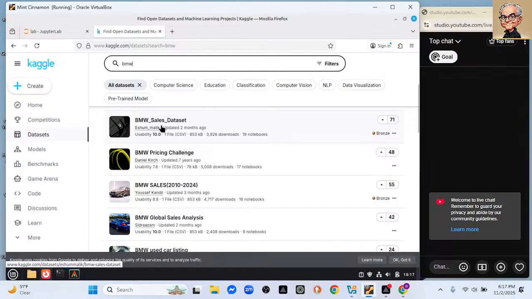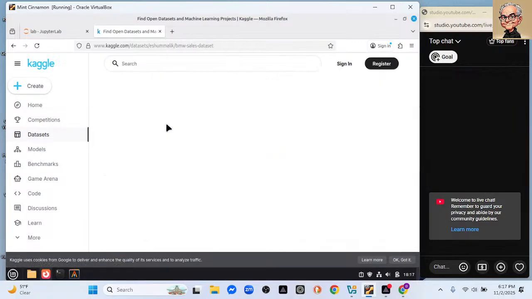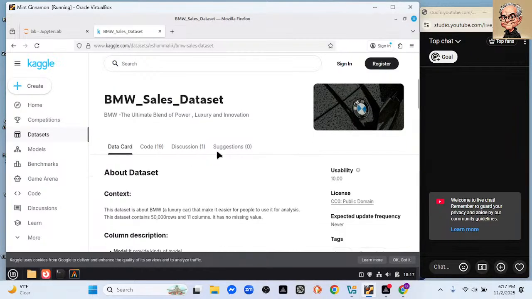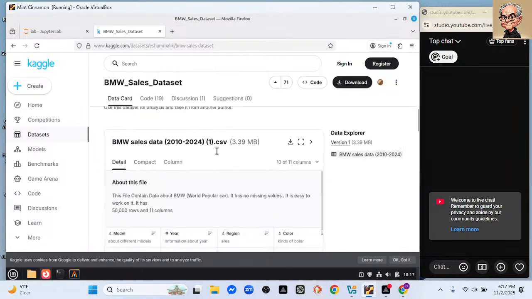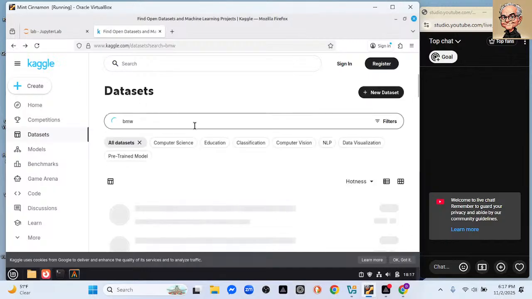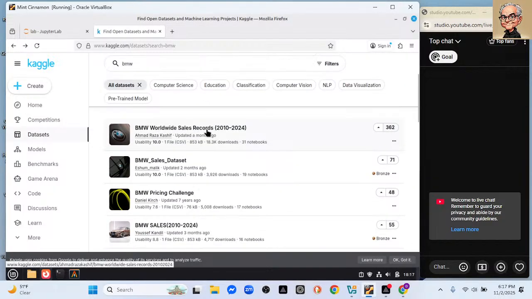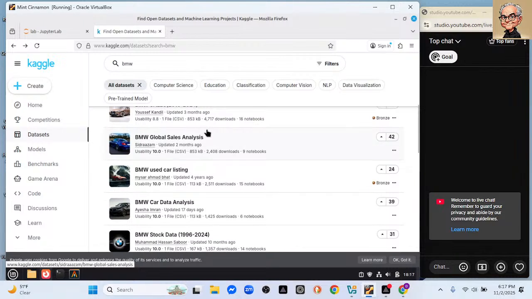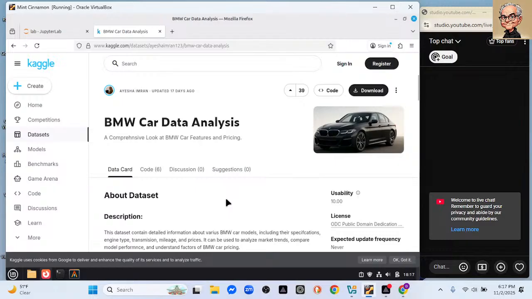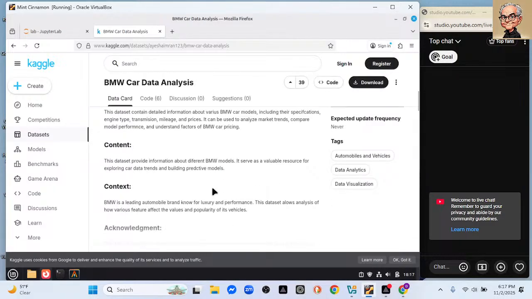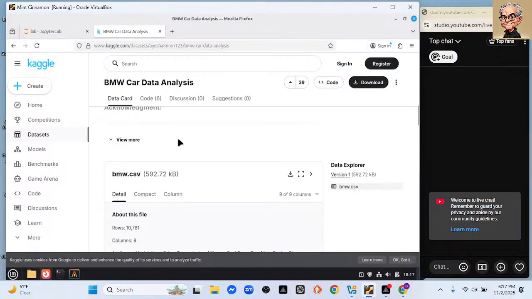The BMW data set. Okay, that's region, so that's not it. I bet it's this one here. So that is it.